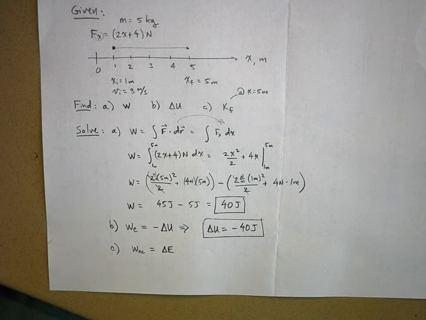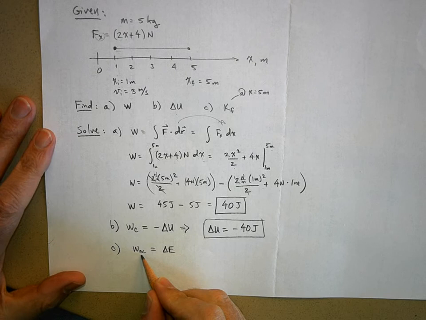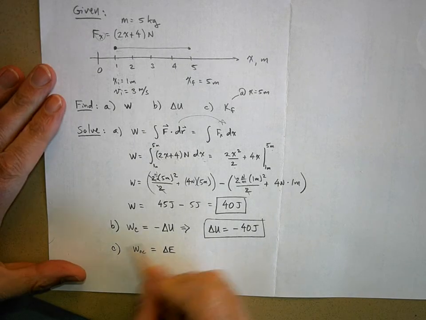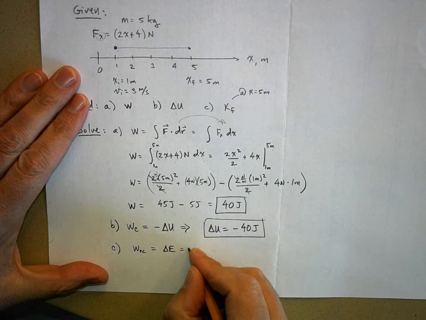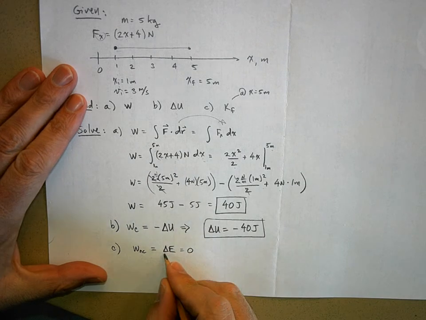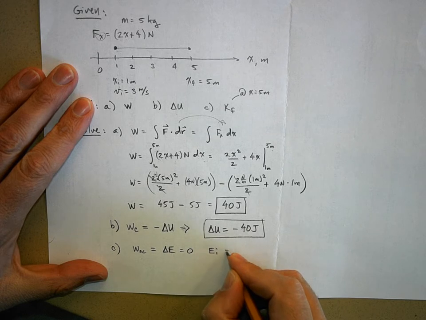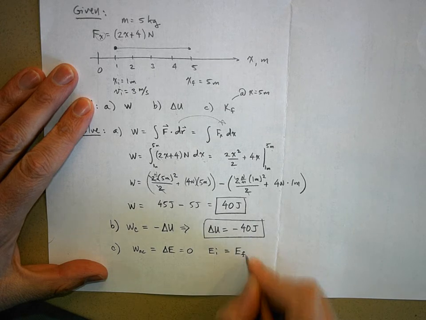And that's just a statement of fact. But there are no non-conservative forces doing work in this problem, which means the work done by non-conservative forces is equal to 0, which means my change in mechanical energy is 0, which means my initial mechanical energy must be equal to my final mechanical energy.